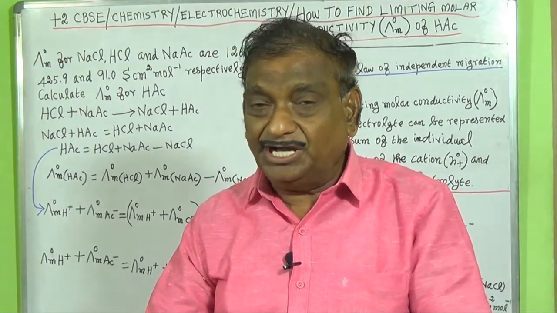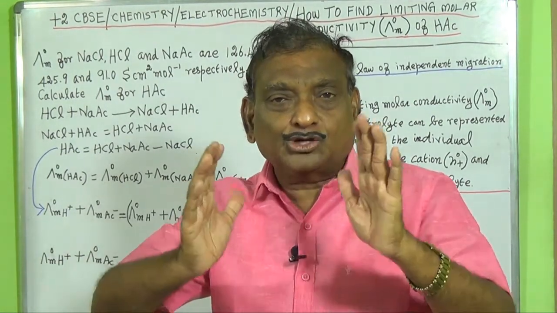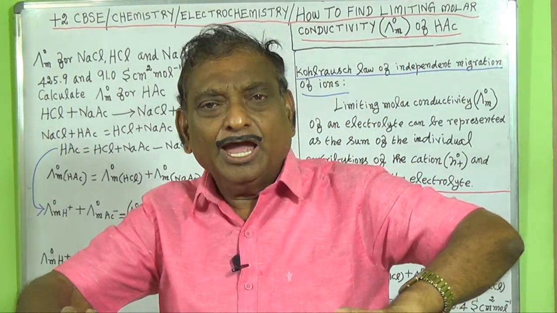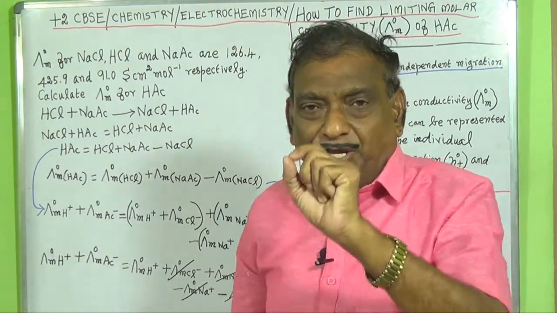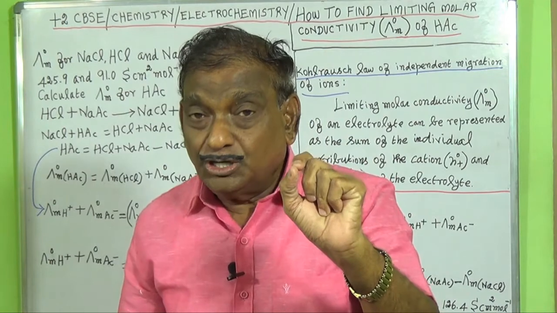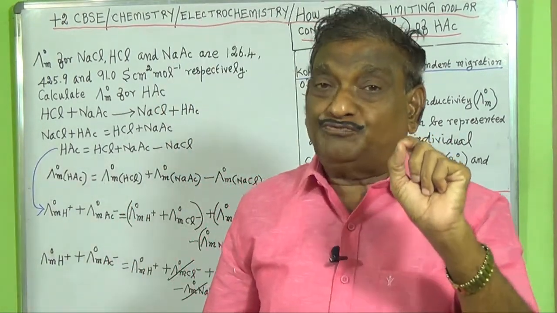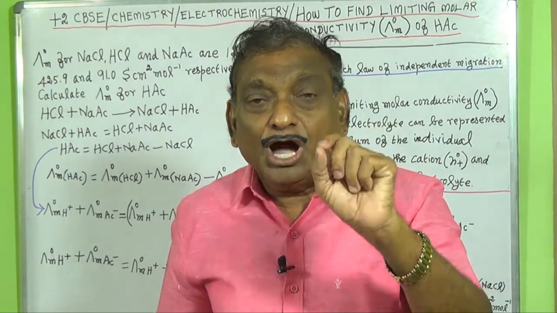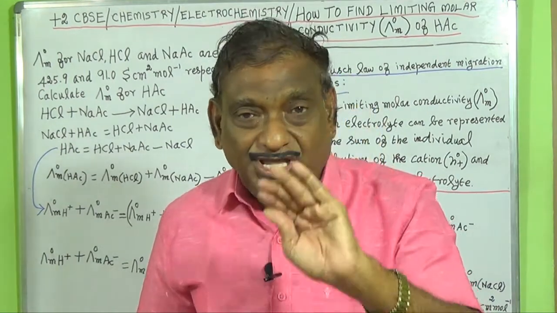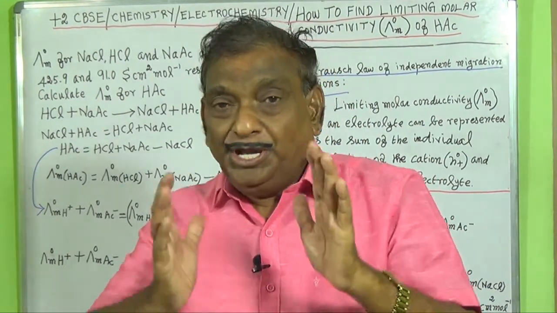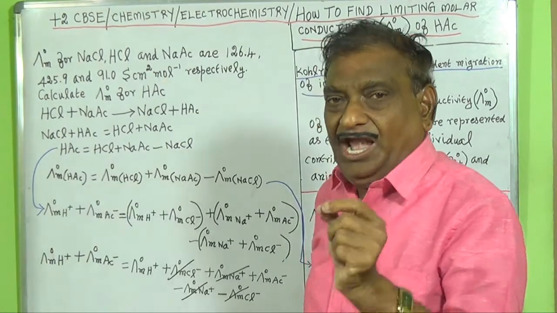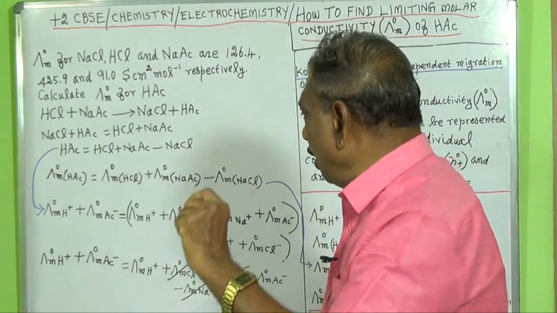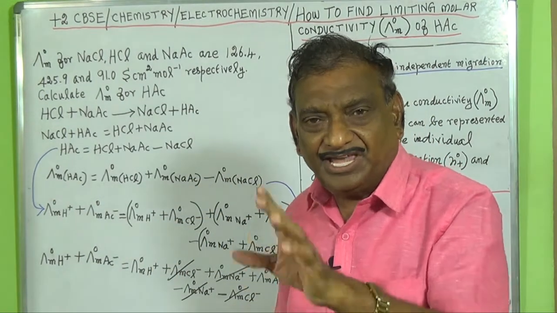The limiting molar conductivity of this weak electrolyte cannot be calculated without applying the Kohlrausch law of independent migration of ions, so we are going to find the limiting molar conductivity, that is lambda m naught, of hydrogen acetate applying the Kohlrausch law. Hydrogen chloride combines with sodium acetate to form sodium chloride and hydrogen acetate.